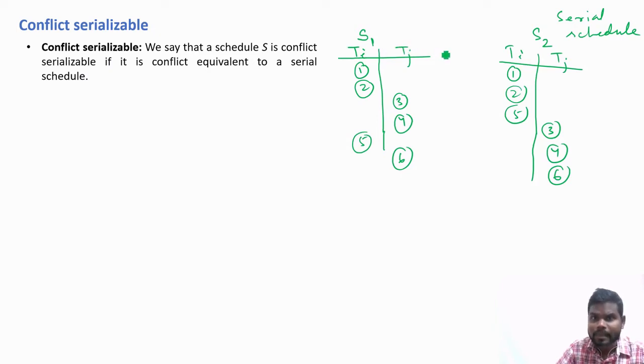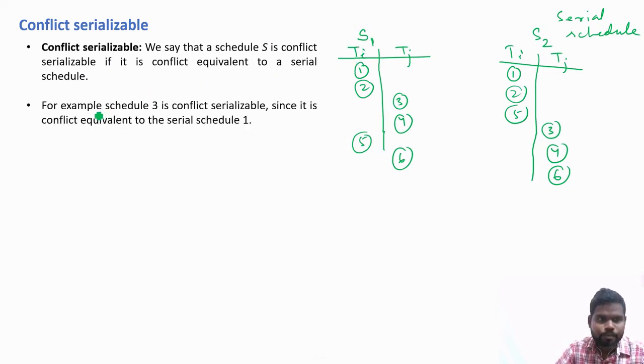In simple language, S1 is conflict equivalent to a serial schedule S2, so S1 is conflict serializable.